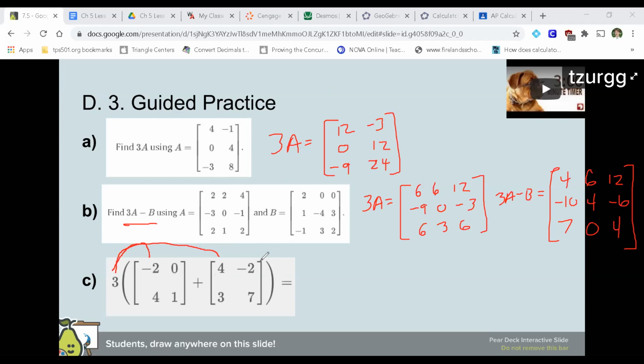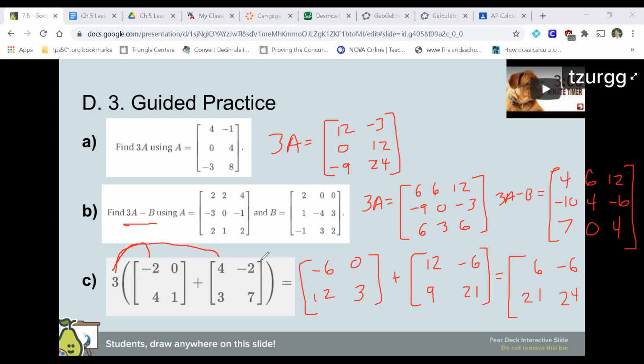So that's going to give me negative 6, 0, 12, 3 plus 12, negative 6, 9, 21, 6, negative 6, 21, 24.